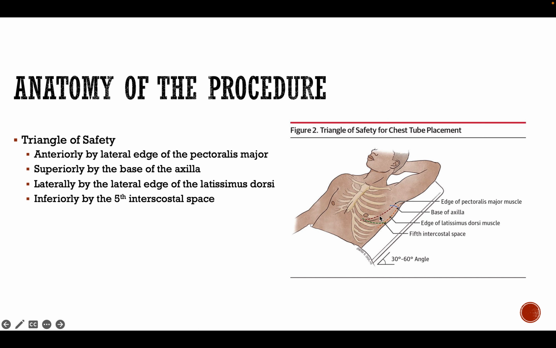So the first edge is the lateral border of the pectoralis major. The axilla is your superior border, and the edge of your latissimus dorsi, along with the fifth intercostal space, being the inferior aspect.